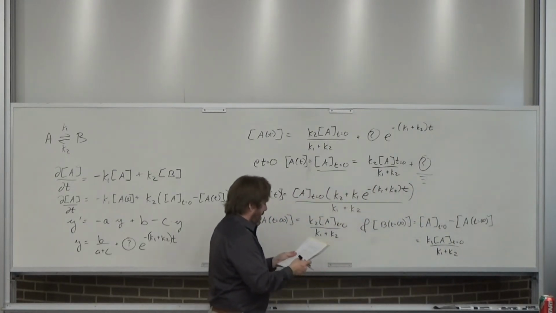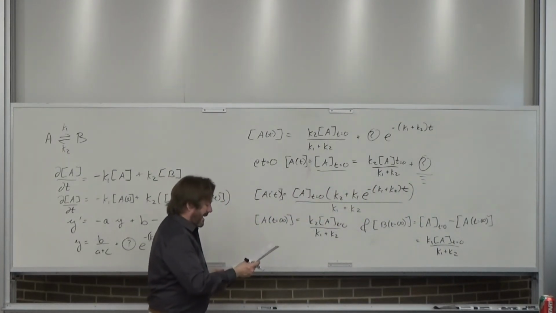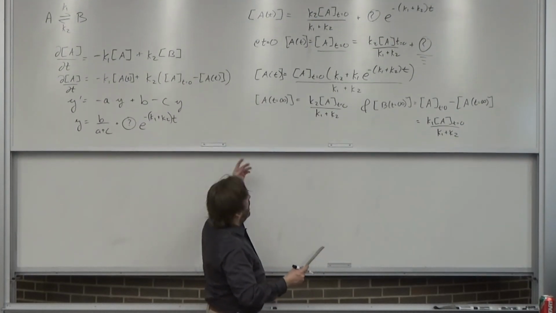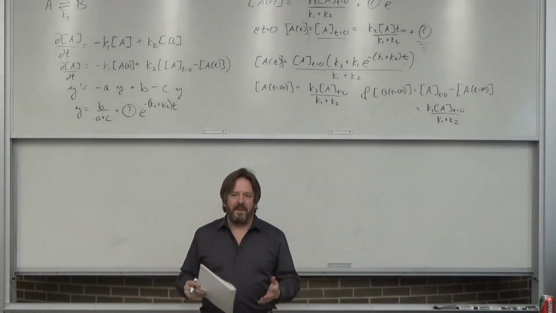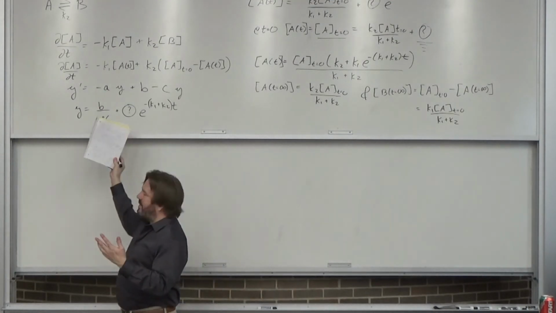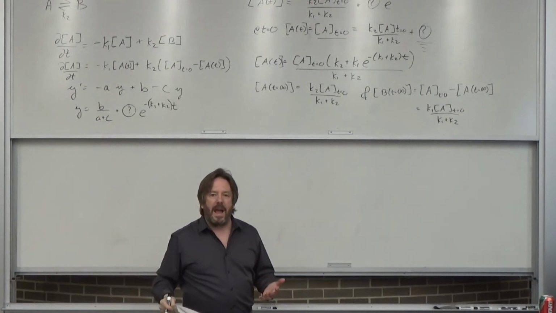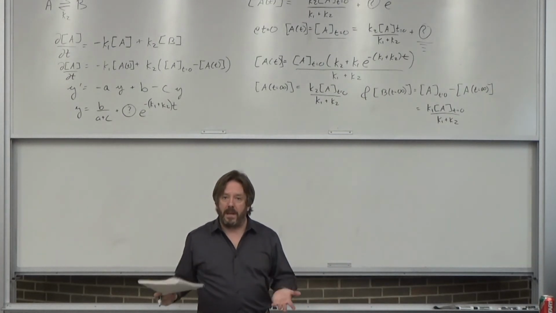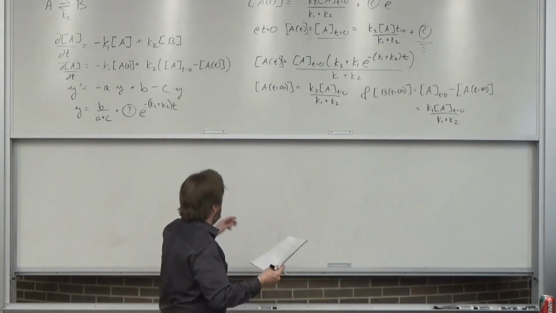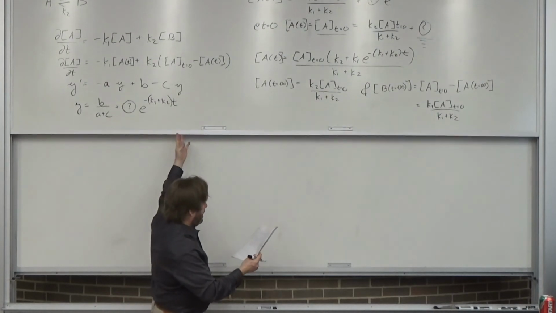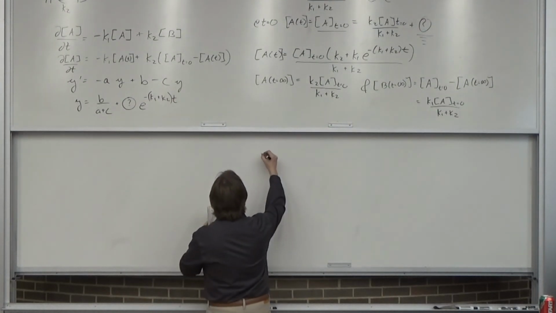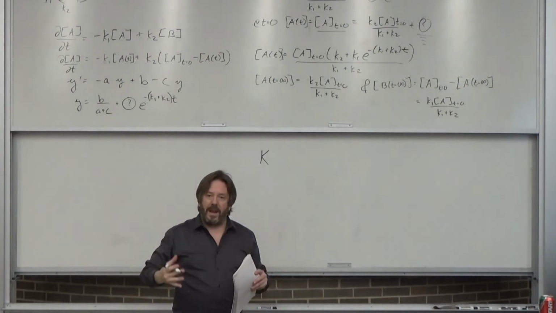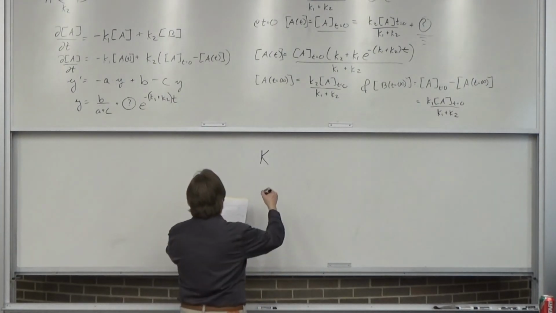Now, here's the neat thing. What is an equilibrium constant, right? So I'm writing an equilibrium reaction, and you were taught to express that in the form of an equilibrium constant. So let's do that. You should know that, right? Because clearly, the equilibrium constant, which we call big K, little k's are for rates, big K's are for equilibrium constants.